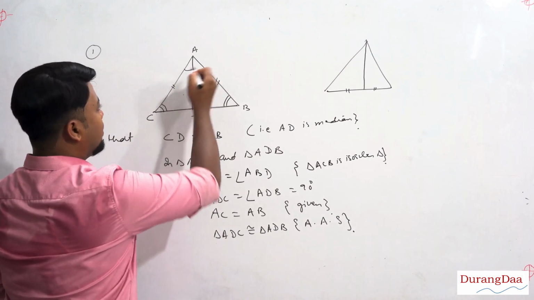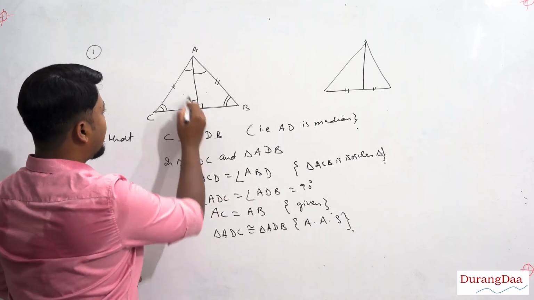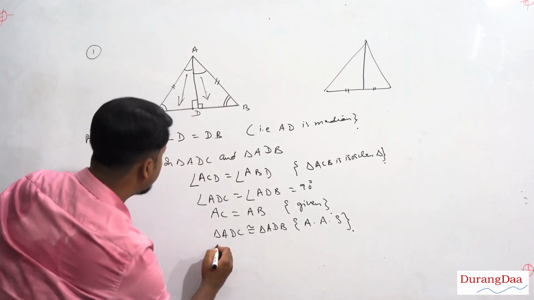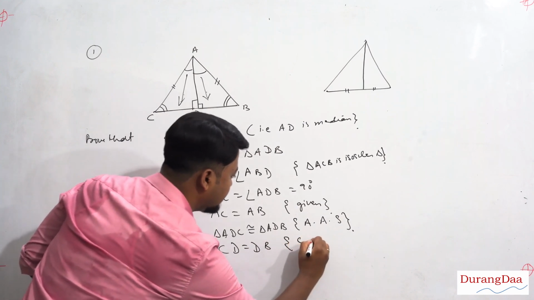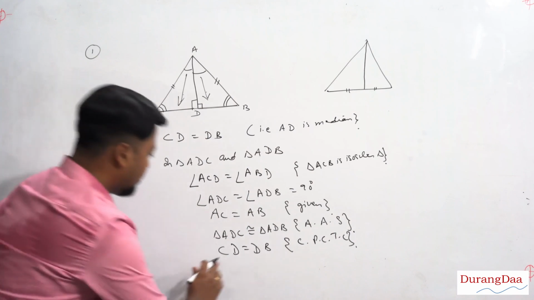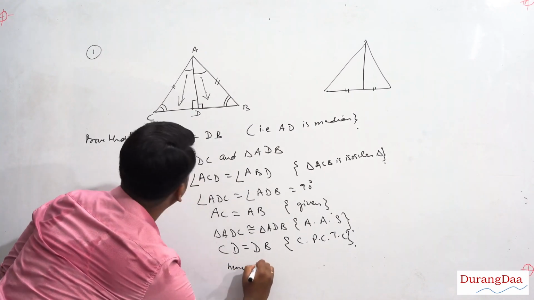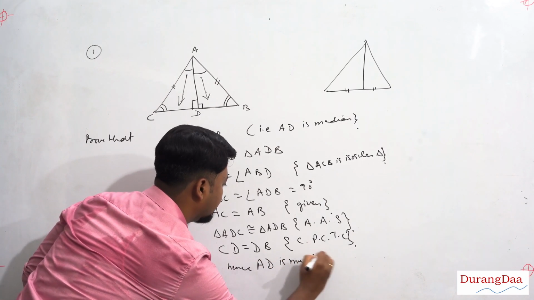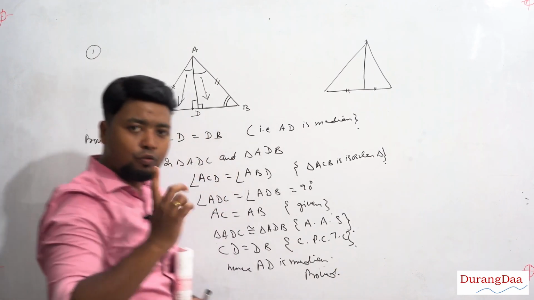These angles also are equal by CPCTC, and both of them are opposite to equal angles. That means CD equals DB. The reason is CPCTC. Once this is done, we can write here, hence AD is median. Proved. So, first question is done. Let us move on to the second question.